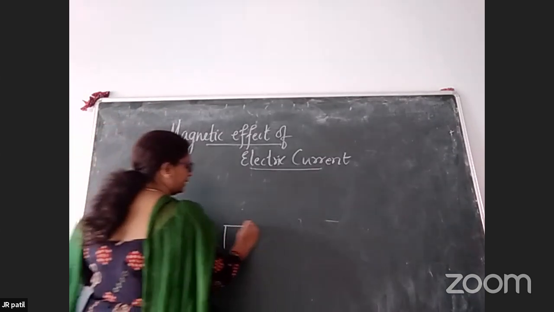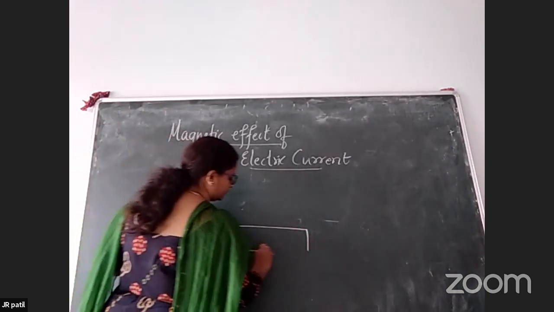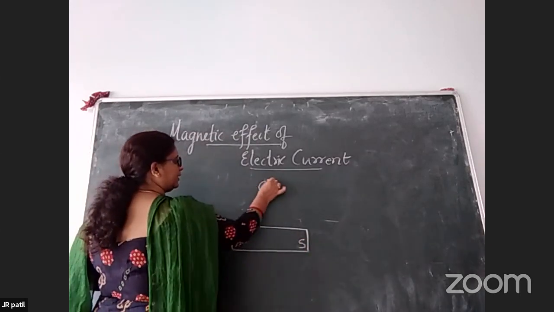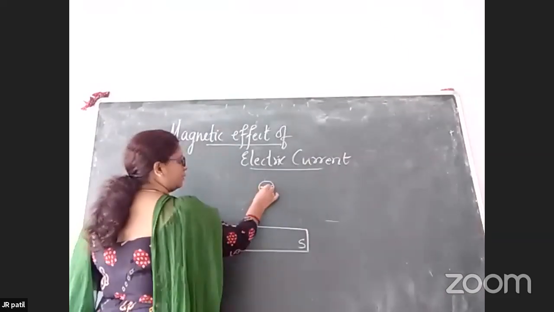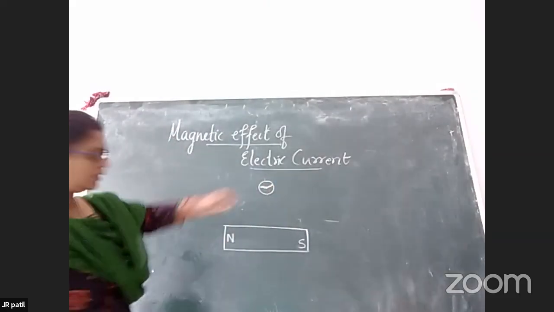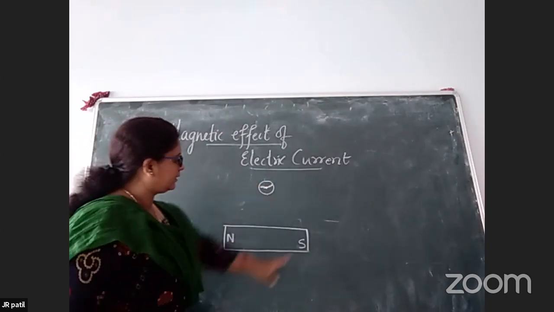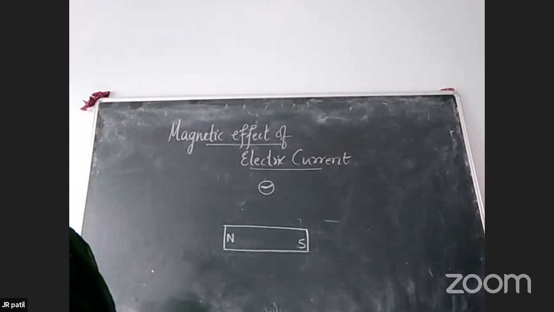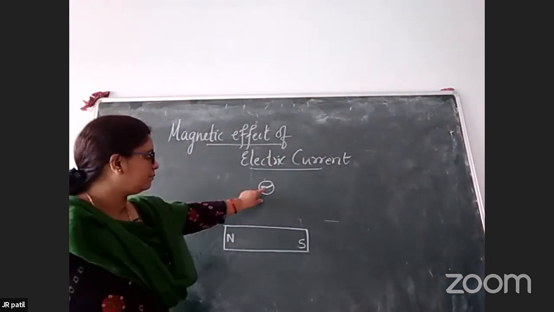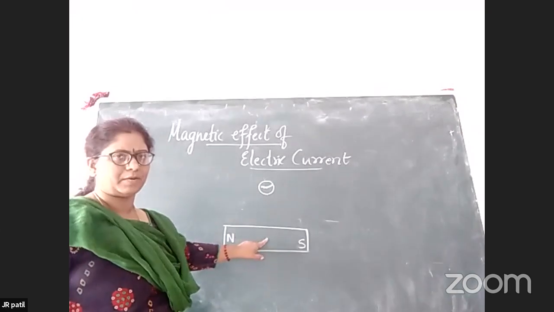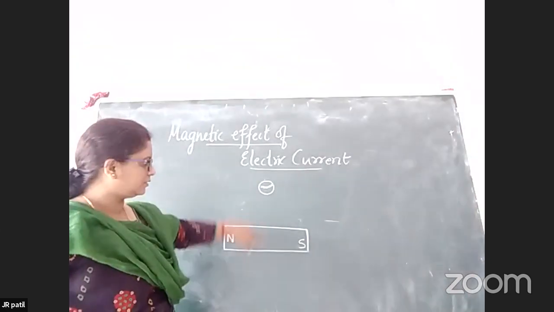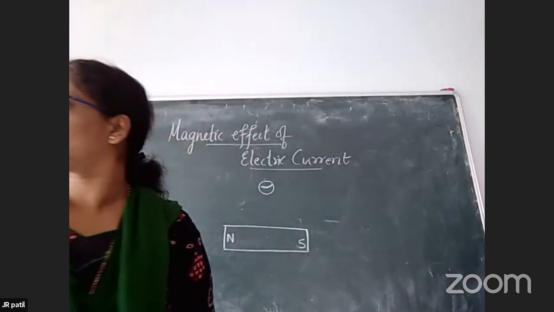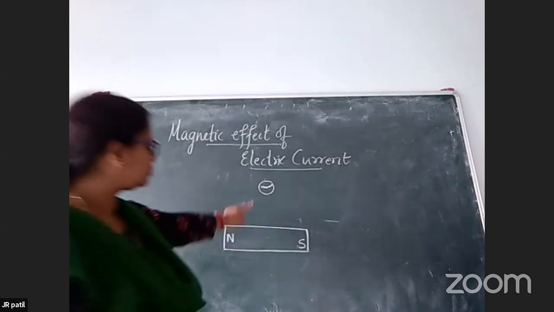Now suppose I take a bar magnet like this and keep one magnetic needle here, in the area around the magnet. What will you observe? This is a magnetic needle, and this is a magnet. I'll keep it near this. What observation can you make? What happens to this needle?